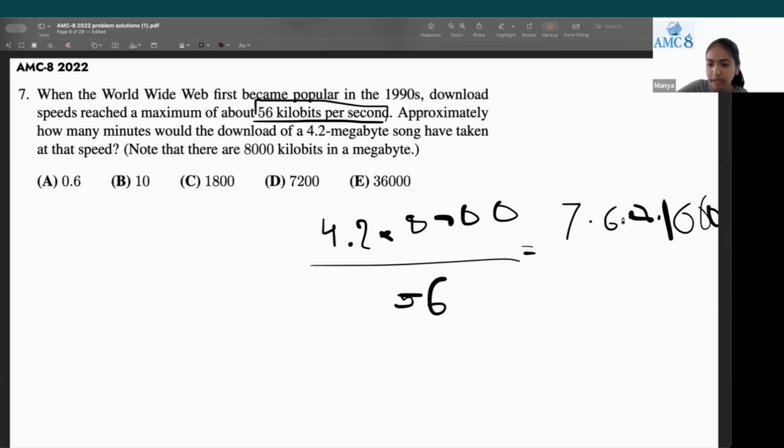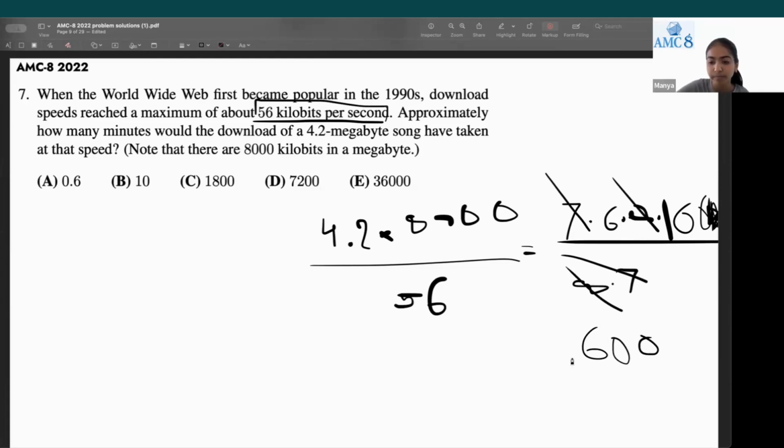So we can just multiply these numbers together by 8 times 7. That's just 100. And we can cross out the 8 times 7 here, and we're going to be just left with 6 times 100, which is going to be equal to 600.